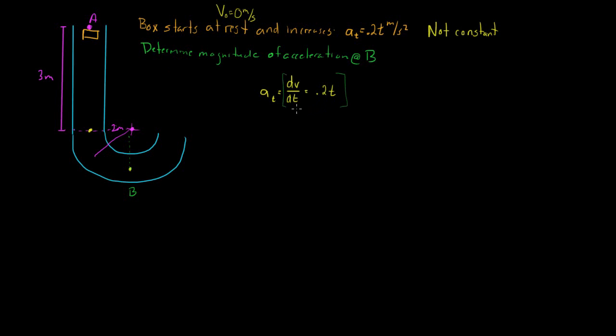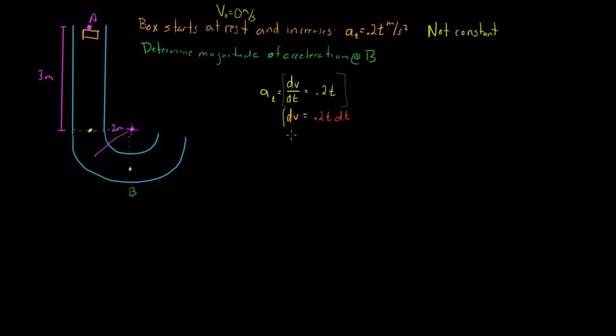So let's move this dt over to the other side of the equation. So we have dv is equal to 0.2t dt. So we've separated our variables, and now we need to integrate.